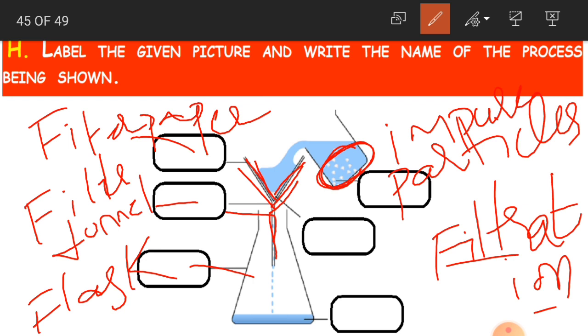These are impure particles, and we are filtering it to make the water pure. And this is the water which is purified.